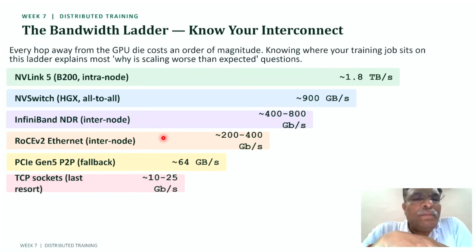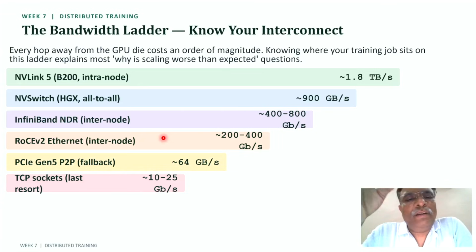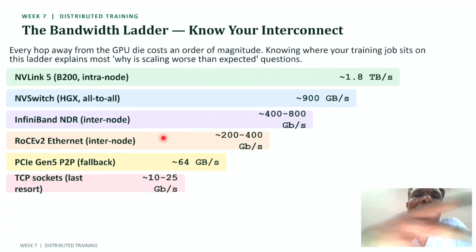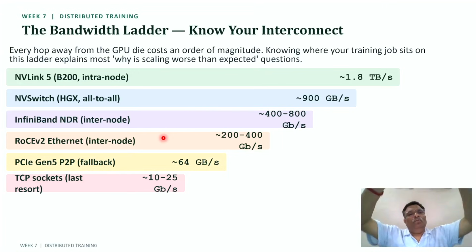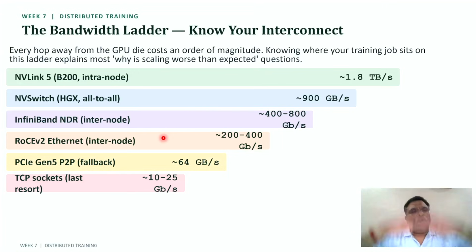Then PCI Express, you get about 64 GB per second. And TCP socket, you get about 10 to 25 GB per second. So this is how the bandwidth varies when you shift from NVLink to the TCP socket, or when you go down to the PCI Express P2P type of bus.